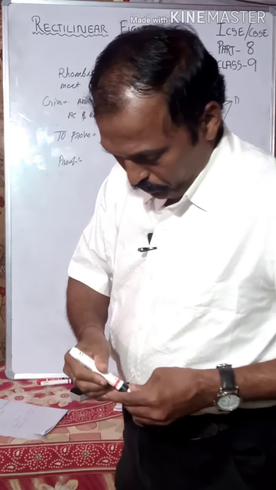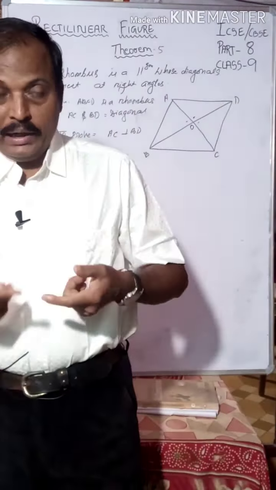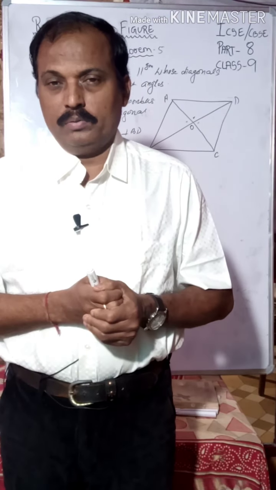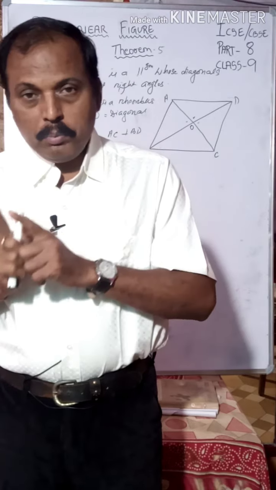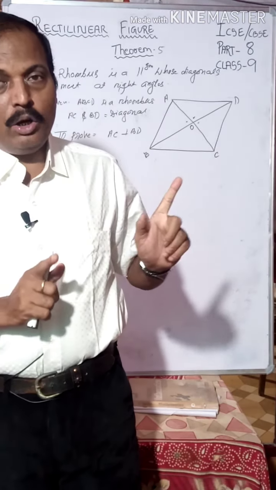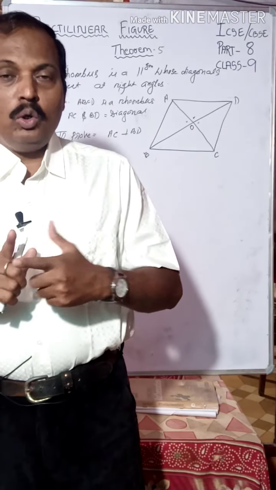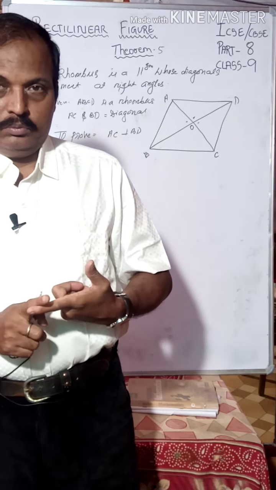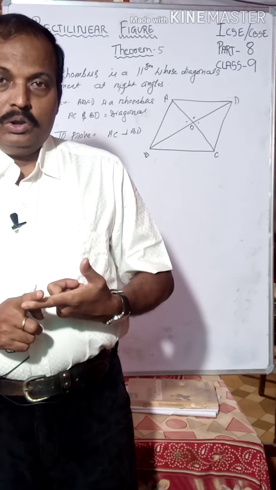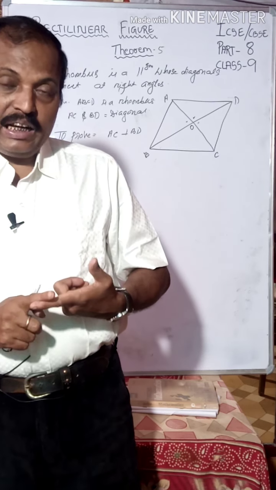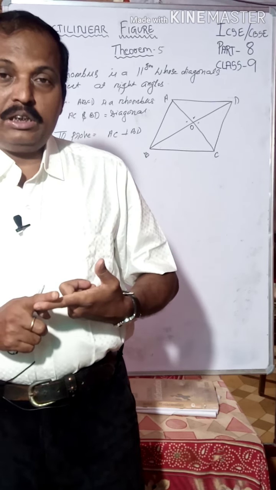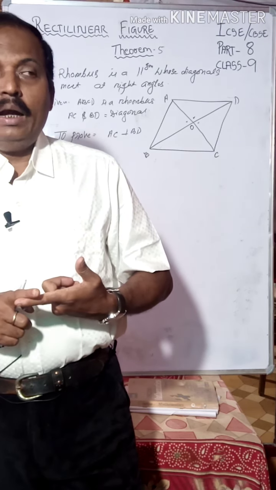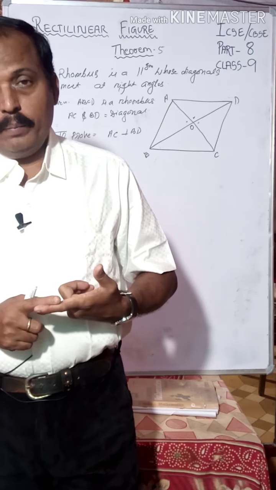First we have to know what is rhombus. What are the common terms about rhombus. Because rhombus is a parallelogram. Here it is given rhombus is a parallelogram. So if rhombus is a parallelogram, opposite sides are parallel to each other and opposite angles are equal.